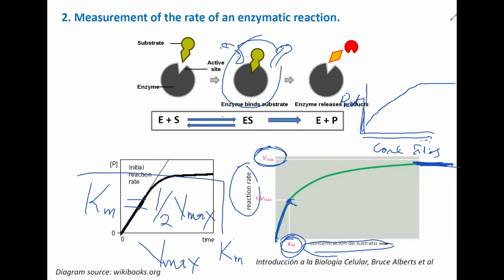What does that mean? It means that the active site of the enzyme is half filled with the substrate. And if we have Vmax here, it means that the active sites of the enzyme are completely filled with the substrate. That is the meaning of Vmax. And Km is equal to half Vmax, which means that the active site is half saturated with the substrate.